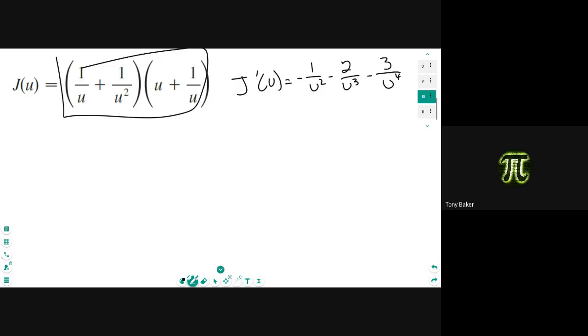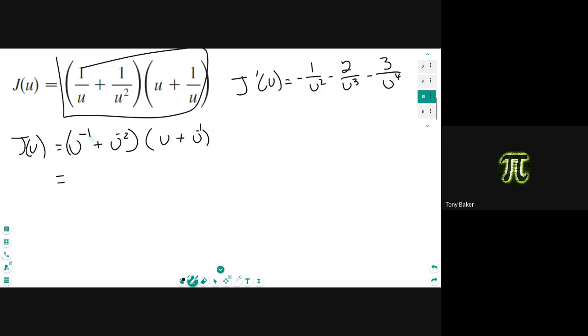I actually think it probably would have been faster to multiply at the beginning and just do the power rule that we've been working with last time. So I would have changed this problem to u to the negative second plus u to the negative 1, and then multiply them together.